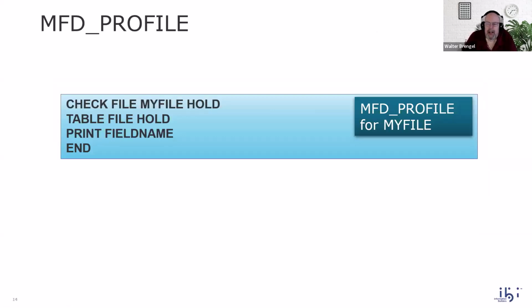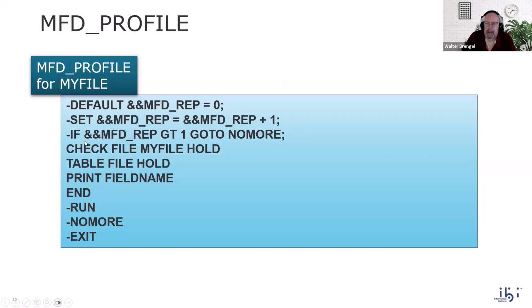So if I do a CHECK FILE, my file HOLD, TABLE FILE HOLD, and then PRINT field name, if my file has an MFD profile, here I have -DEFAULT &MFD_REP equals 0, -SET &MFD_REP equals &MFD_REP plus 1. So I'm doing some type of iteration here.